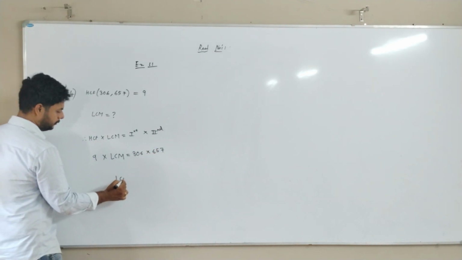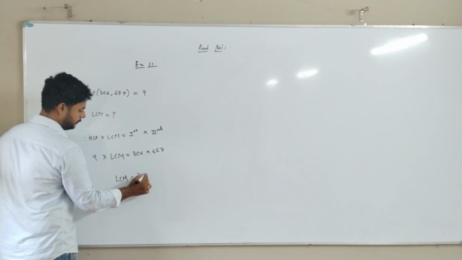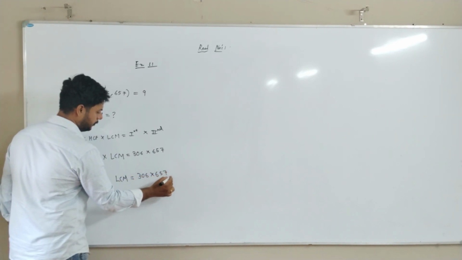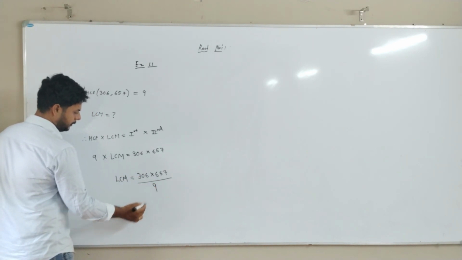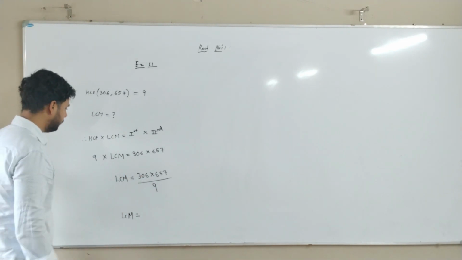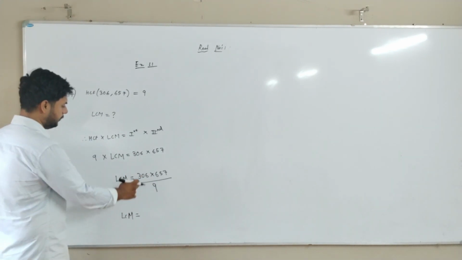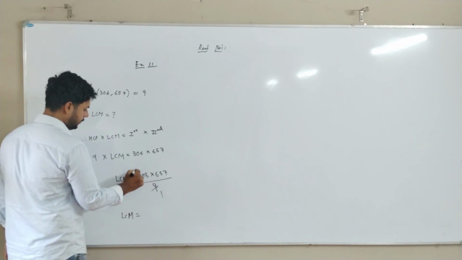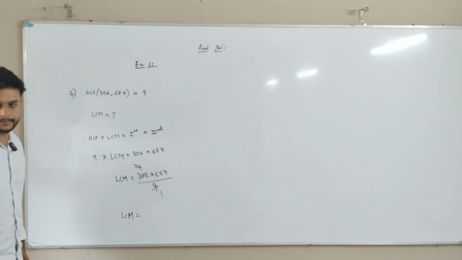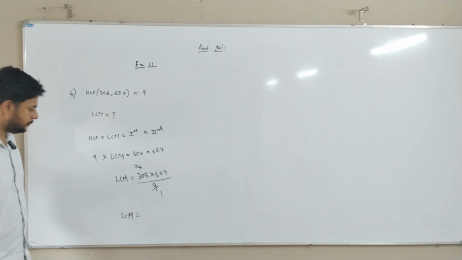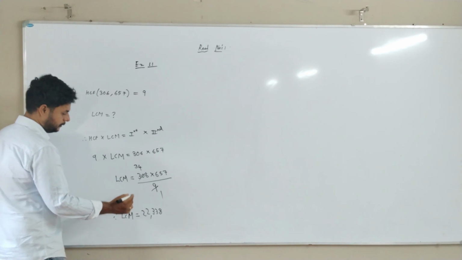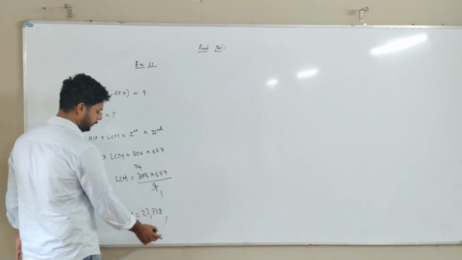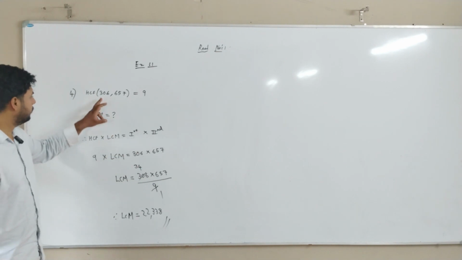So LCM is equal to 396 into 657 whole divided by 9. 9 ones are 9, 9 threes are 27, 9 fours are 36. So 44 into 657, which is 28,908. Check everybody. Easy? So this is one way to find the LCM.